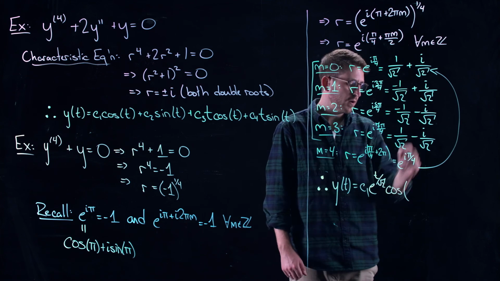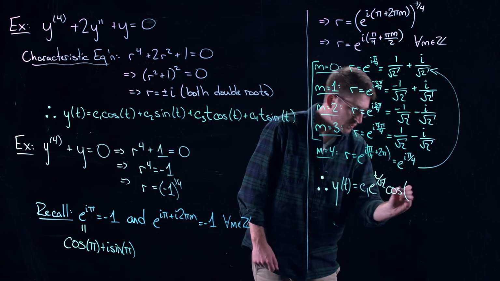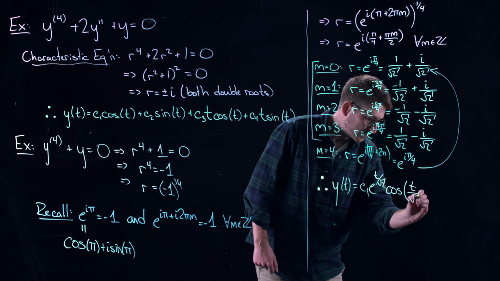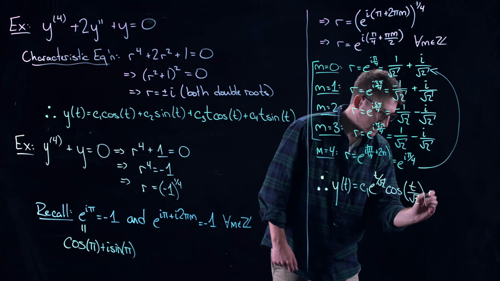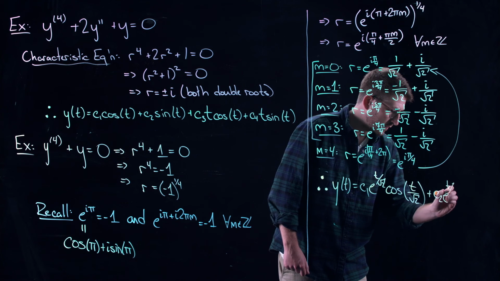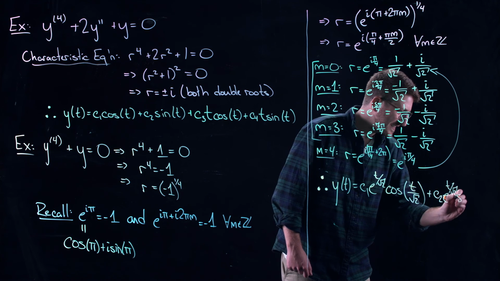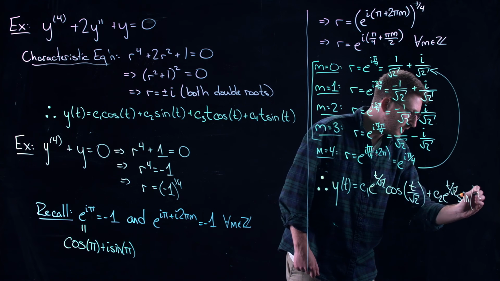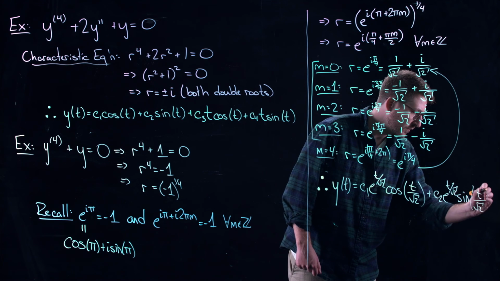Its imaginary part is, again, 1 over the square root of 2. So I get t over root 2. Its complex conjugate gives the sine term. So t over the square root of 2, sine of t over the square root of 2.